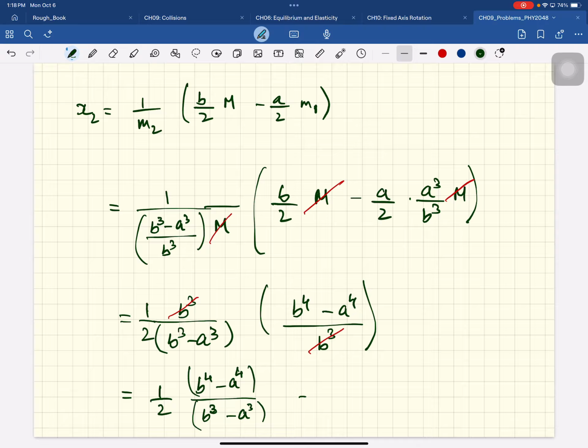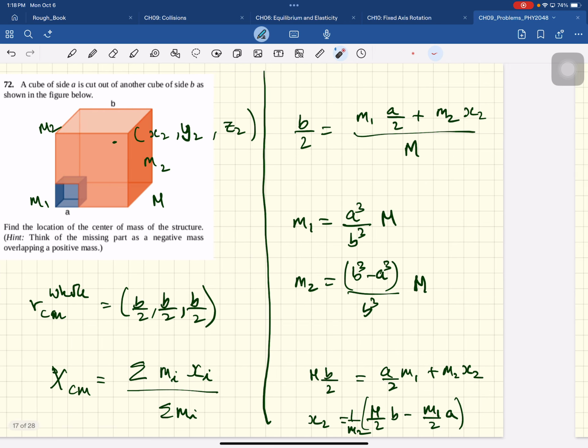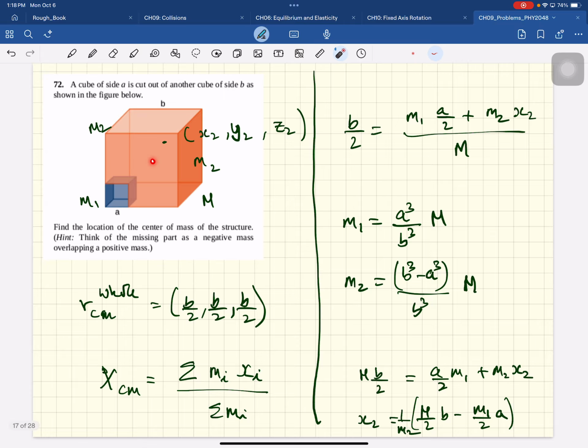What we said at the start was that for the whole piece, that's where the center of mass was, and when you cut out this piece, it moves away diagonally along that diagonal. So from B by 2, it's going to move away in that direction.